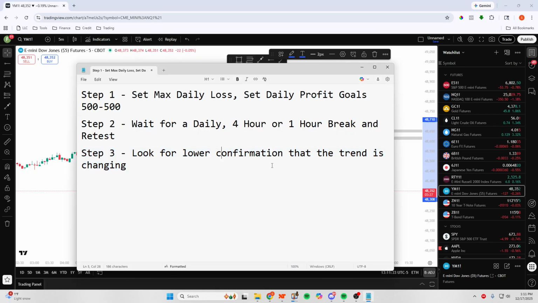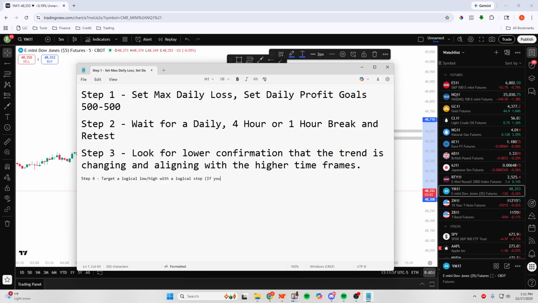Okay, so just looking for lower confirmation that the trend is changing and aligning with the higher time frames. Then step 4 is to target a logical low or high with a logical stop.